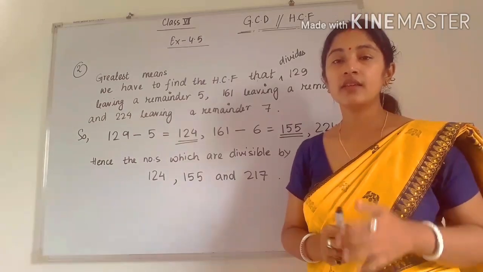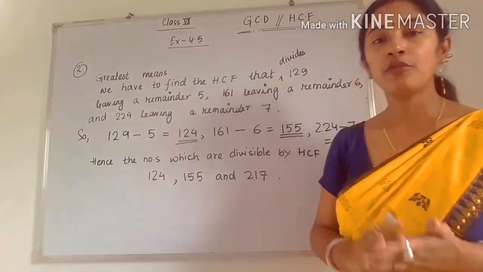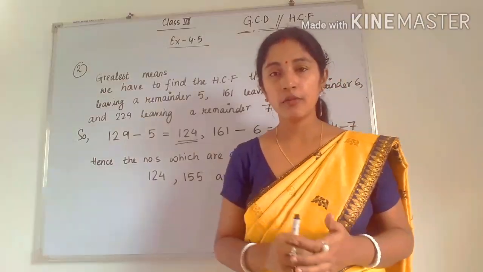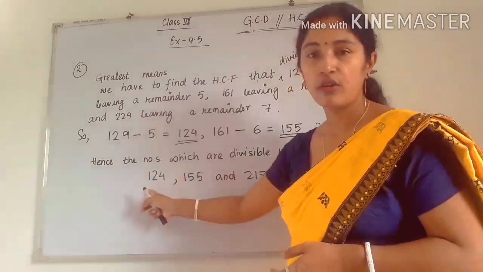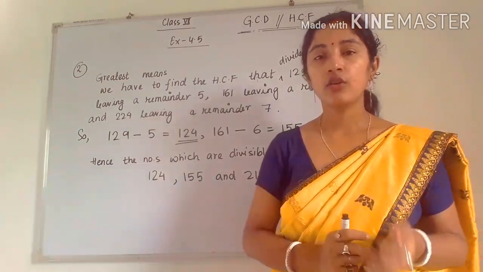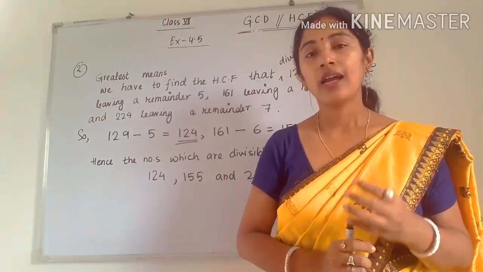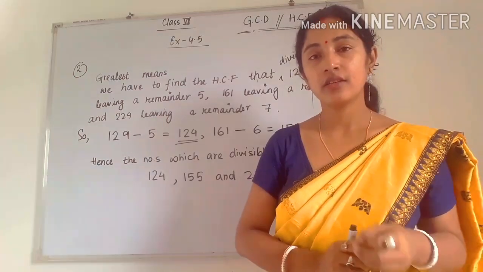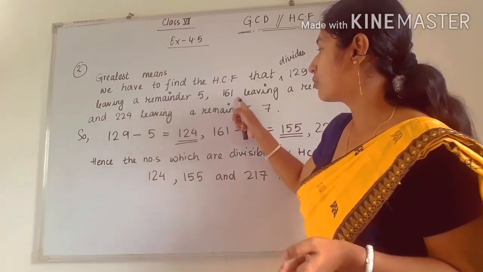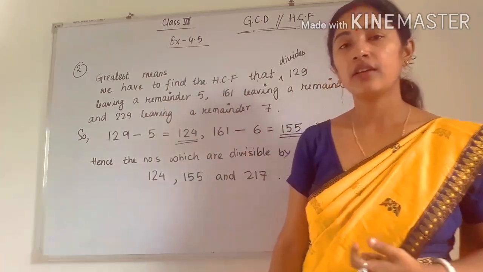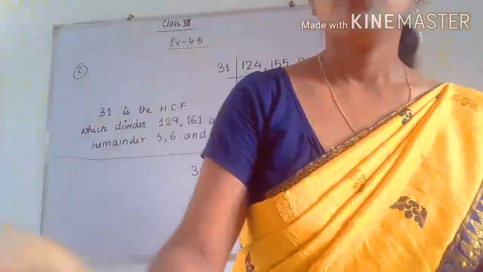So what are the steps? First, subtract the remainder from each number. Then find the HCF of the new numbers. That will be the answer, the number that divides 129, 161 and 224 leaving the respective remainders.